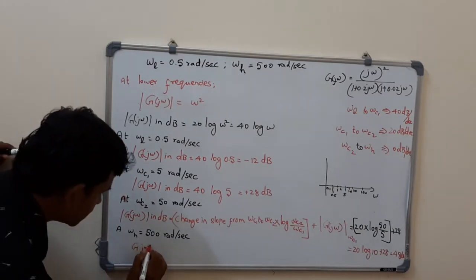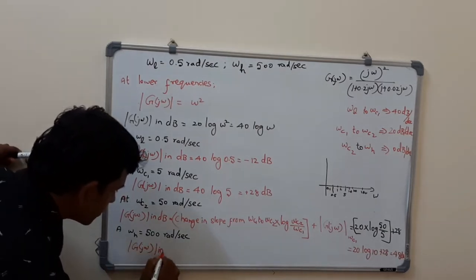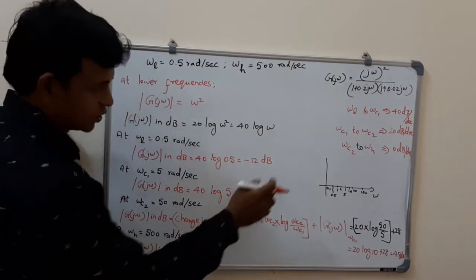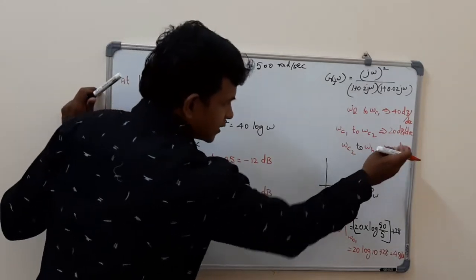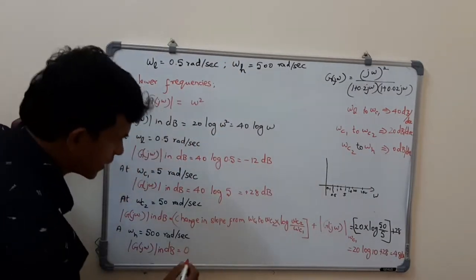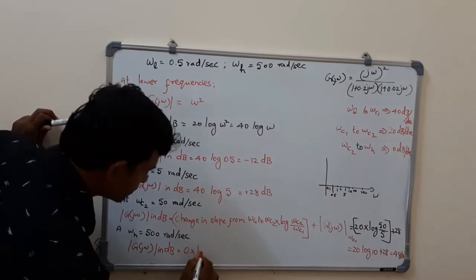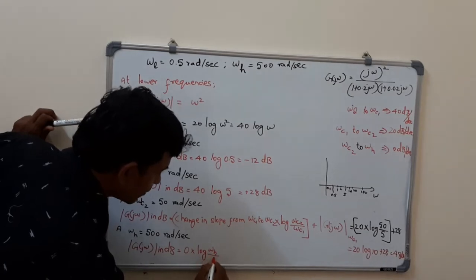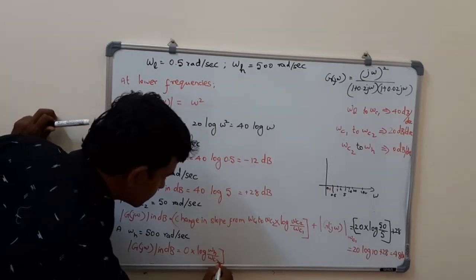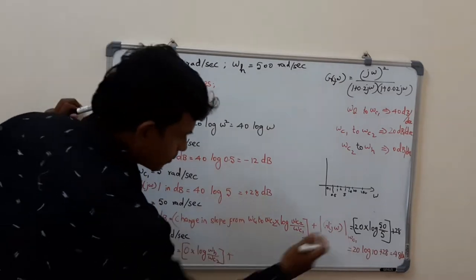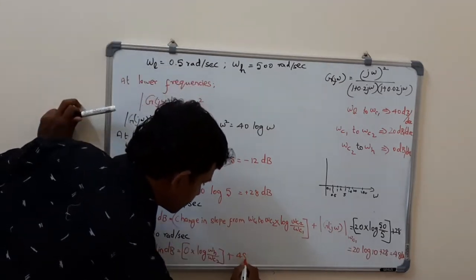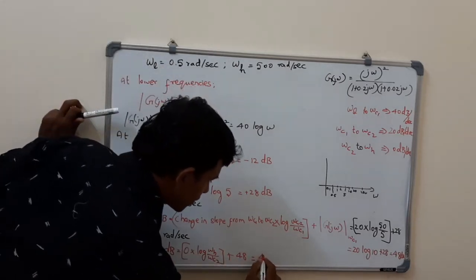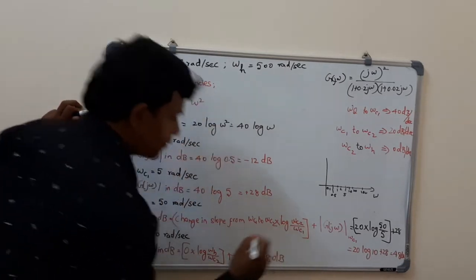G of j omega in decibel is equal to the change in slope from omega C2 to omega h, which is 0 decibel per decade, into log of omega h divided by omega C2, plus the previous amplitude, that is 48 dB. So 0 into anything is 0, plus 48, we have 48 dB.